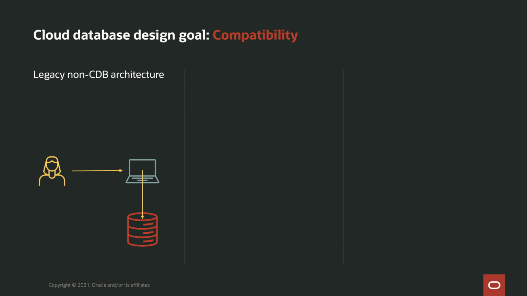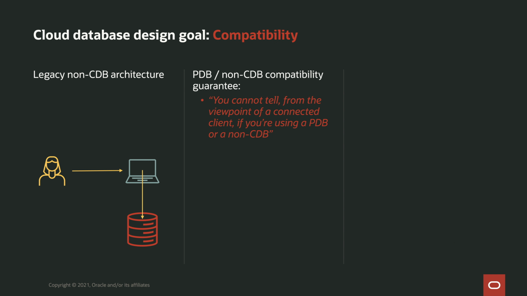The next design goal is compatibility. Consider, for example, an application connected to an Oracle database in the old non-CDB architecture. Our compatibility design goal is expressed by what we call the PDB non-CDB compatibility guarantee, which is that you cannot tell from the viewpoint of a connected client whether you're using a PDB or a non-CDB.